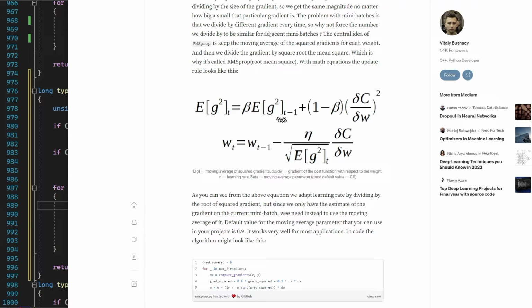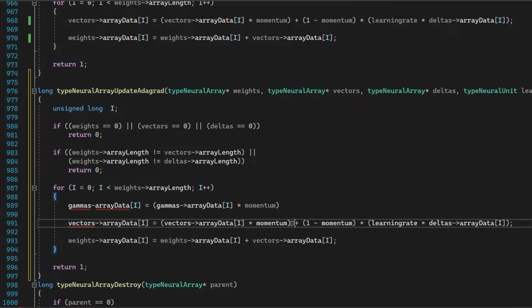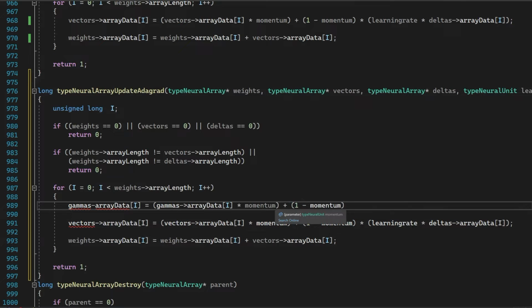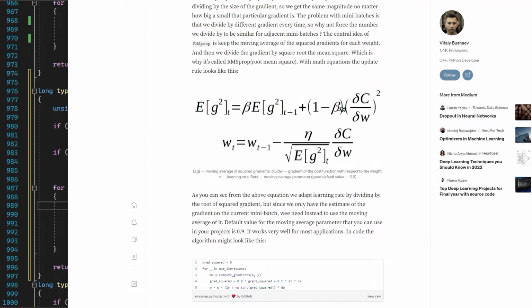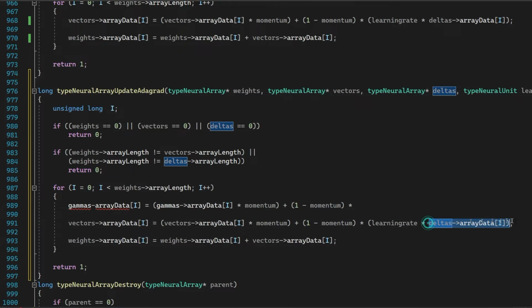That's the same as for vectors, plus 1 minus momentum again. 1 minus momentum, exactly the same thing as here. 1 minus momentum times the cost function relative to weight squared. So deltas. We have deltas here, so it's delta squared. Deltas times deltas.